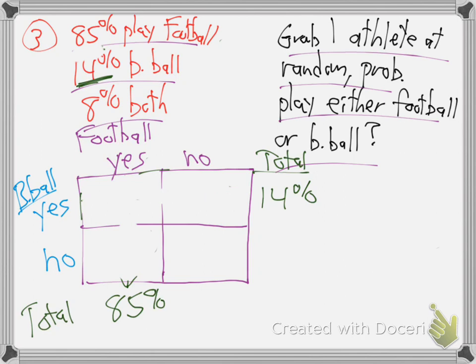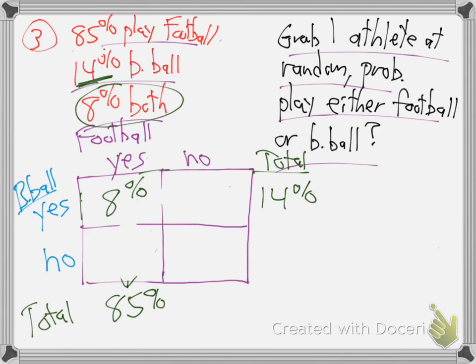All right. Last fact. 8% play both. Where does that go? That's the yes, yes, isn't it? That's what has to go there. Because that 8% play both. They're yes to basketball and football, aren't they?